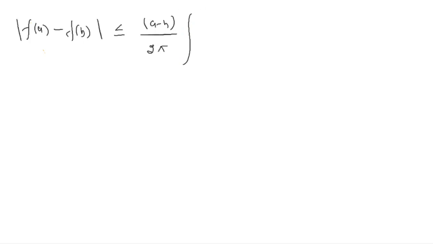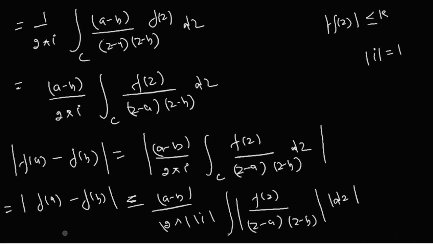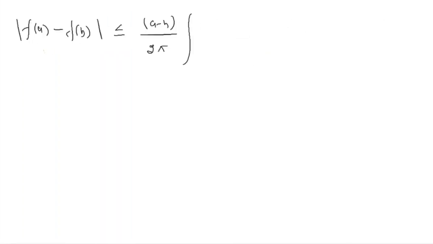Because we take the modulus sign on both sides, so mod of the whole equals mod of f of z upon (z minus a)(z minus b). So we can write here modulus of f of z upon modulus of z minus a, modulus of z minus b, and modulus of dz.